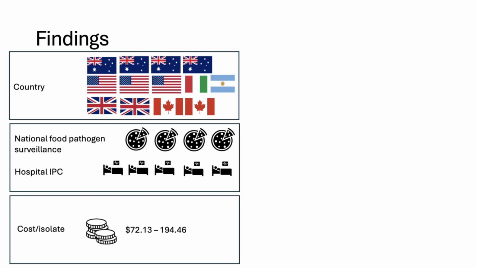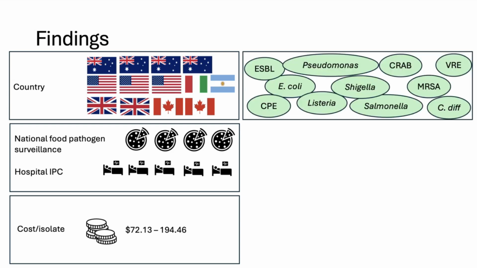The cost per isolate was listed in all the studies and ranged from 72 to 194 2020 US dollars, and that was for the whole genome sequencing cost. Pathogens covered had to include at least one of the WHO priority pathogens, but they could have lots of different pathogens as well.